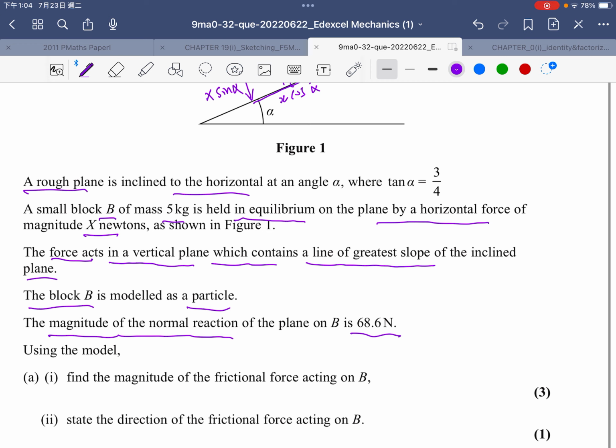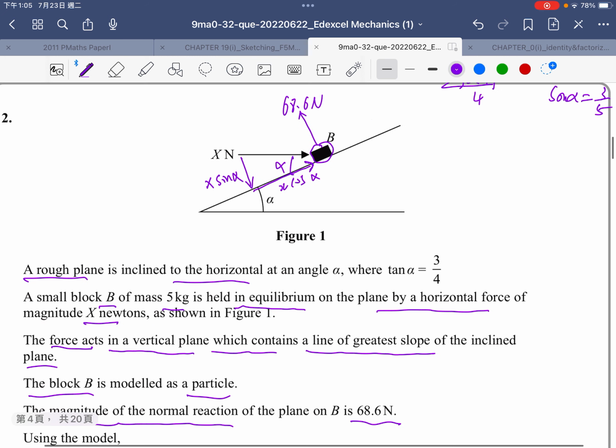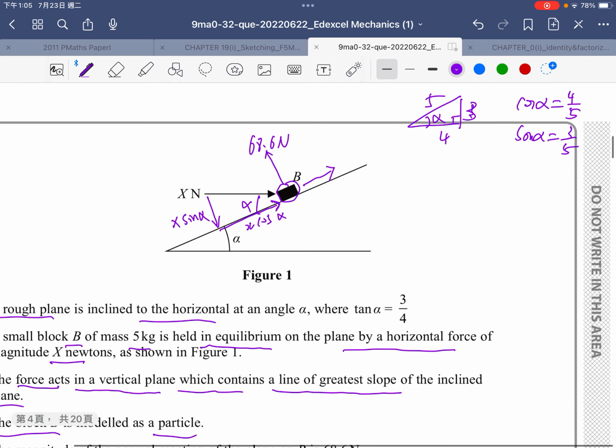We continue our question. Find the magnitude of the frictional force acting on B. Frictional force acting on B means this one. Therefore, I let F be the frictional force.